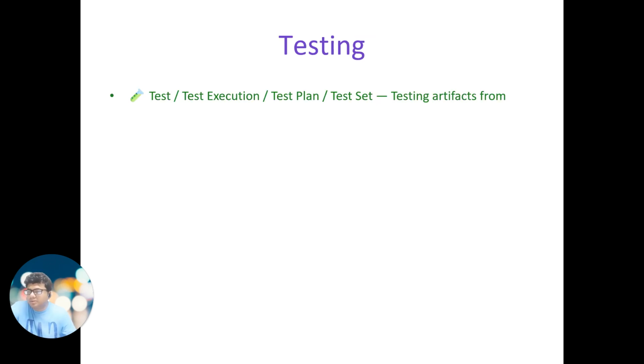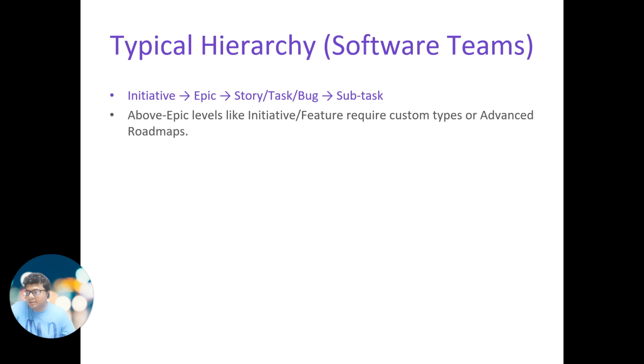Right. So again, other issue types are test execution, test plan, test set. These are related to testing. So basically, the typical hierarchy in Jira is initiative, 3 to 6 months of work, then epic, maybe 1 to 2 months of work, story, which can be completed within a sprint, and task, maybe 1 or 2 days.